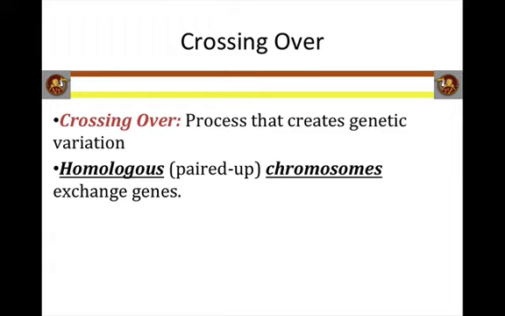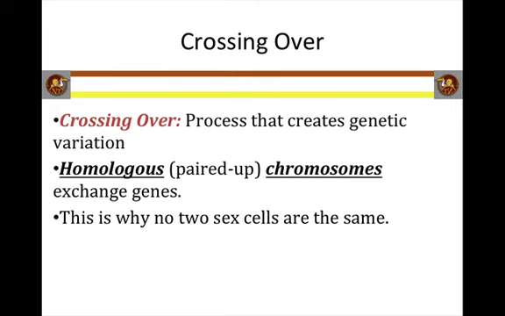Now, get this word down in your notes: homologous, which means paired up, chromosomes. On the next slide, I'm going to show you a short animation of what I mean by homologous chromosomes. Because of crossing over, that's why 2 sex cells are not the same.